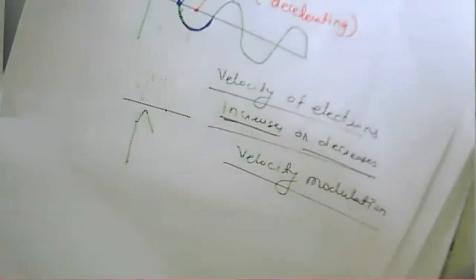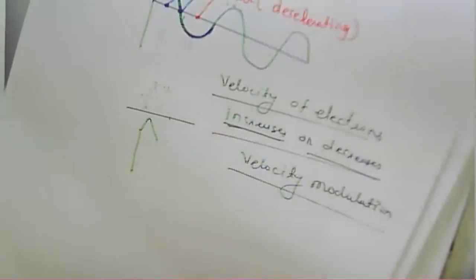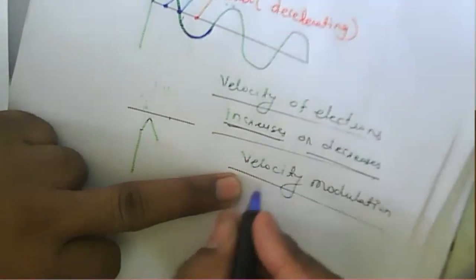Now inside a klystron, this increase and decrease of the velocity takes place. So in a klystron, two types of modulation take place: one is velocity modulation, and the other is current modulation.